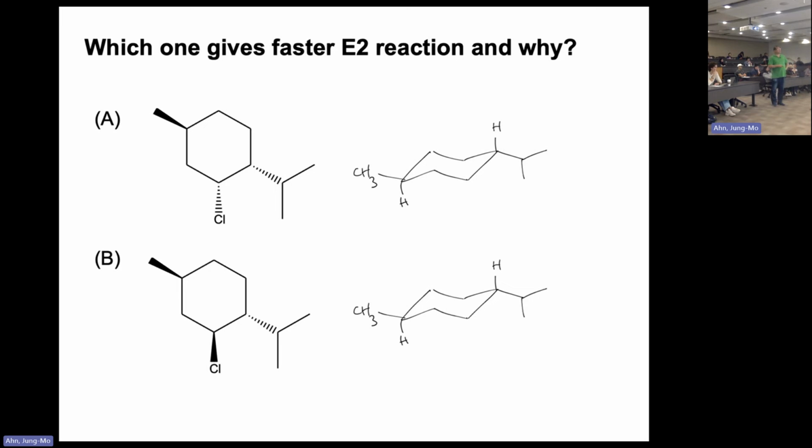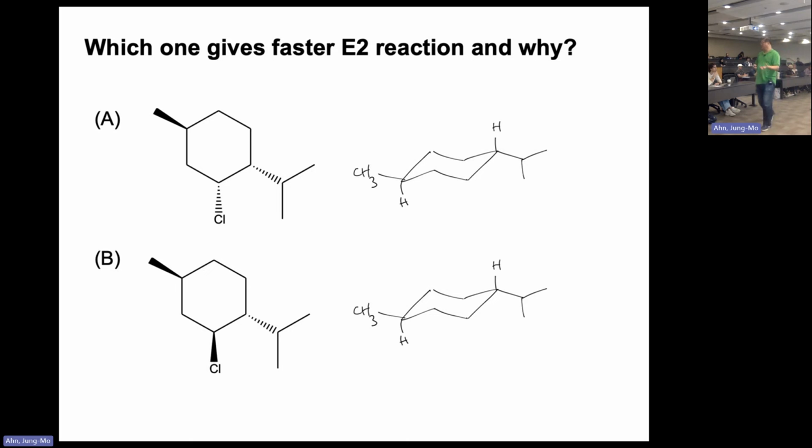So that doesn't change. But where is this chlorine going to go? It's on this carbon, and it is cis to that one. So in this conformation, is the chlorine going to go axial or equatorial?